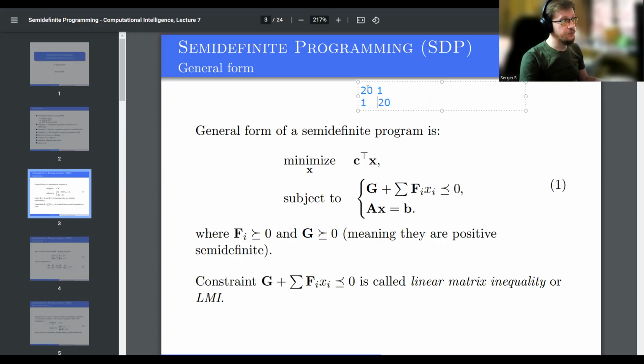Notice positive semi-definite implies symmetric. So if G was something like this, which, by the way, I don't compute eigenvalues in my head, so I don't know. I hope this is positive semi-definite, but unfortunately I cannot do it on the fly. If G is something like this, then this would not be sufficient to make it negative semi-definite. Why?